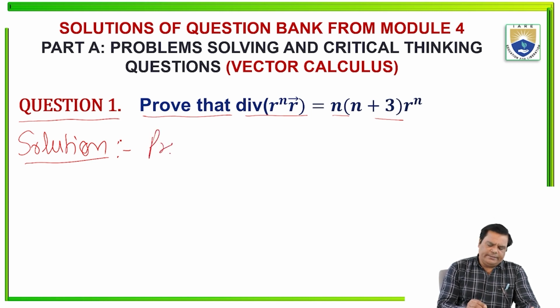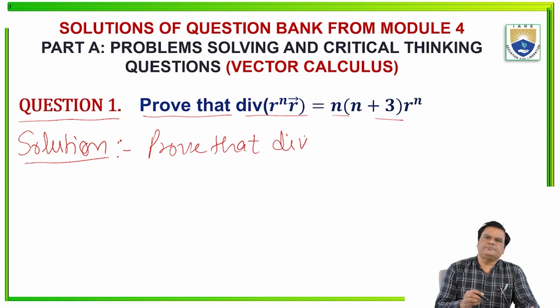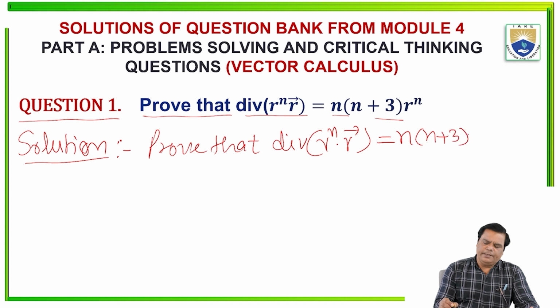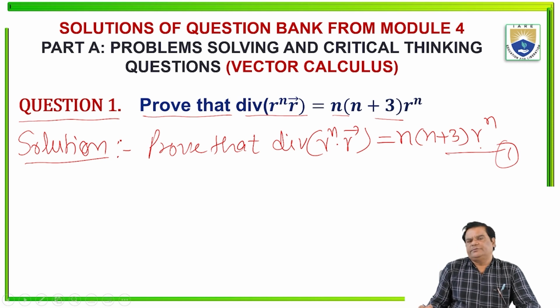Prove that divergence of r to the power n into vector r equals n into n plus 3 times r to the power n. This is equation 1, given in our question paper.